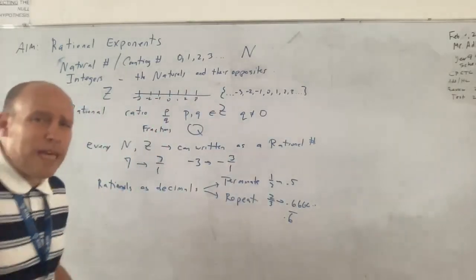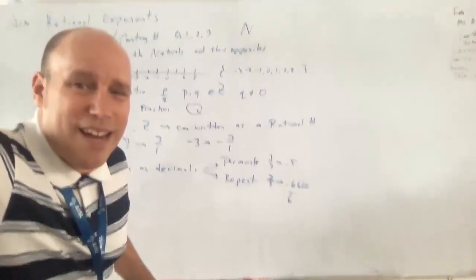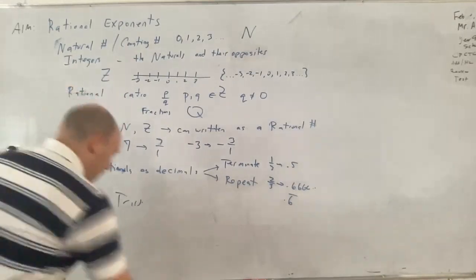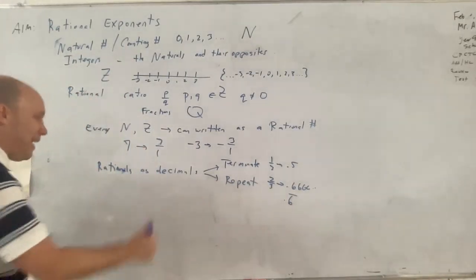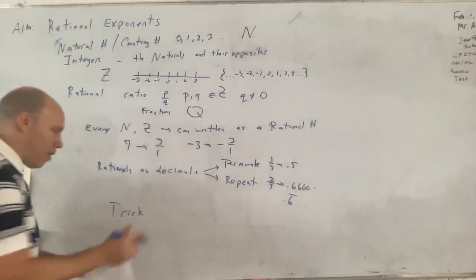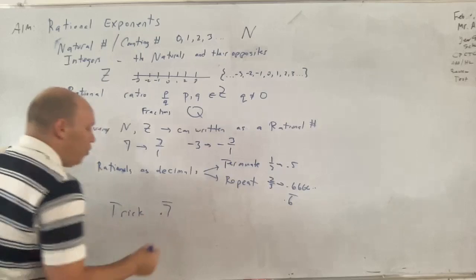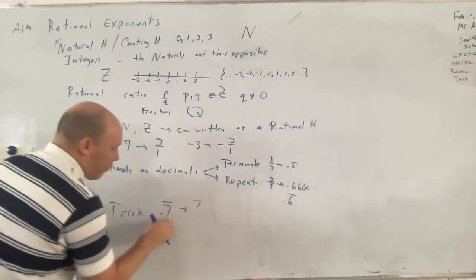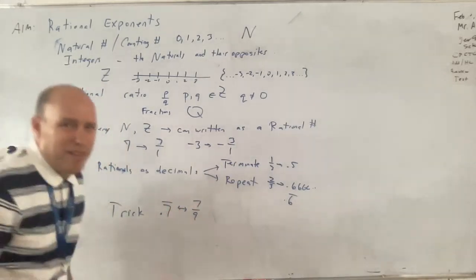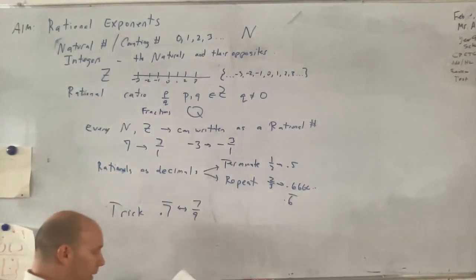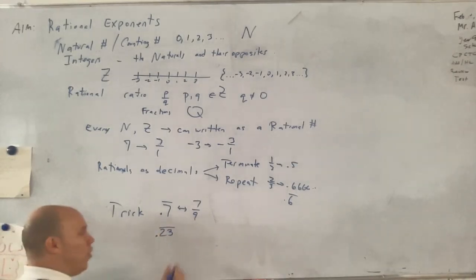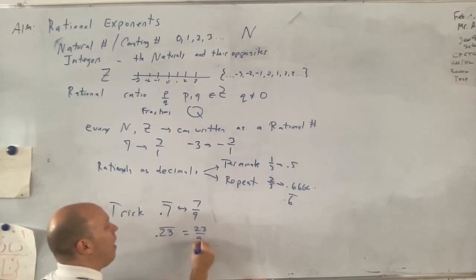Maybe you learned a little trick. If you have a repeating number, you can just put the repeating digits over as many 9s as there are digits, and so you can go back and forth. For example, 0.23 repeated is 23 over 99.